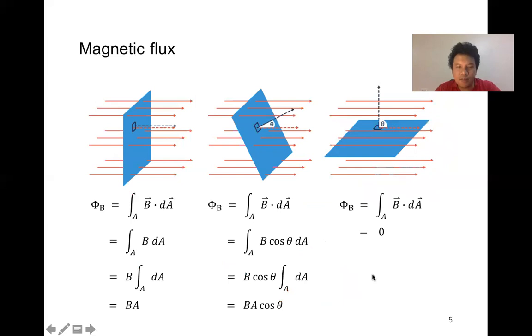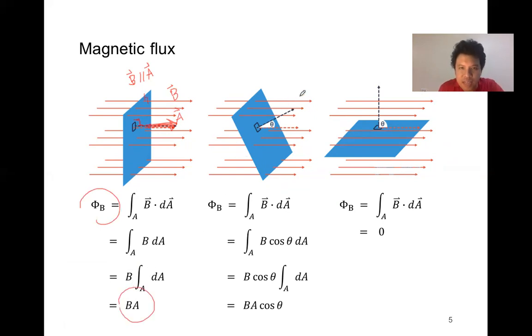Let's consider some simple cases of uniform magnetic field. The first case is when the magnetic field is parallel to the vector A. If B is parallel to A, or B is perpendicular to the surface, we have phi B equals BA.